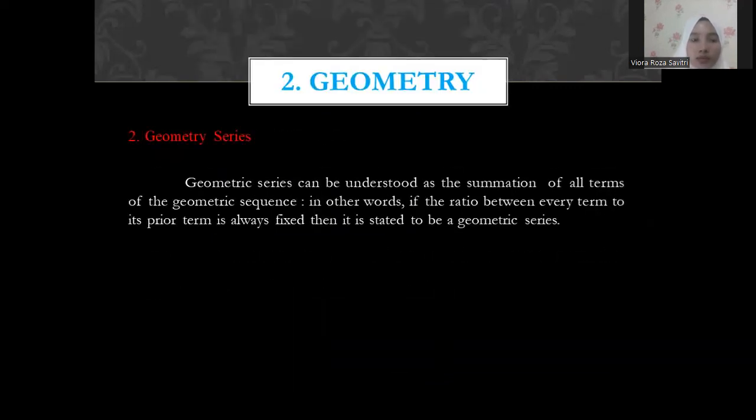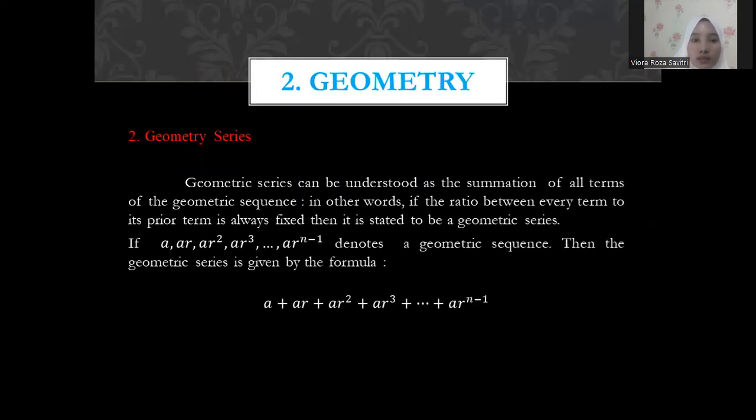Number 2. Geometric series. A geometric series can be understood as the summation of all terms of a geometric sequence. In other words, if the ratio between every two consecutive terms is always constant, then it is said to be a geometric series.